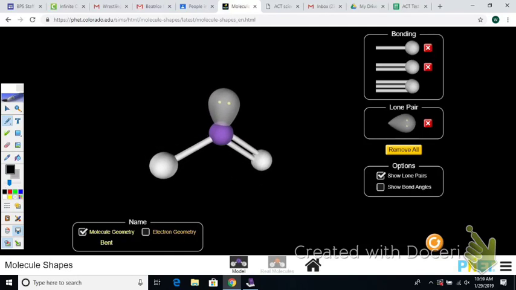Now this unshared pair pushes these two shared pairs closer together, and it creates a bent shape. This is called the VSEPR theory, where V stands for valence, E stands for electron, P is pair, and R is repulsion. Valence shell electron pair repulsion theory.